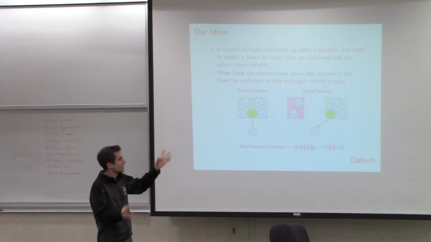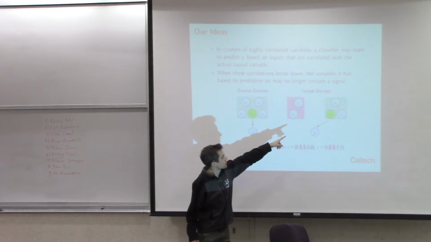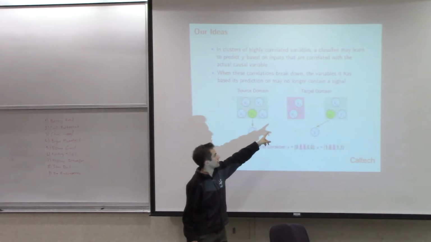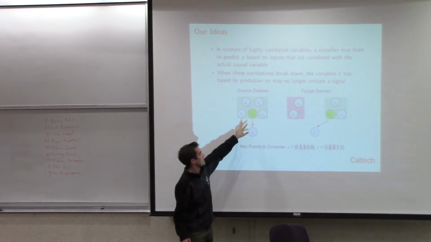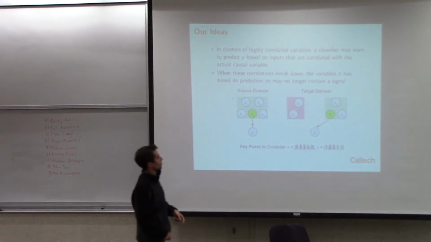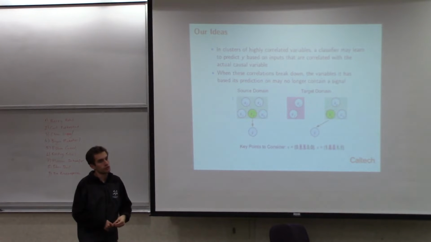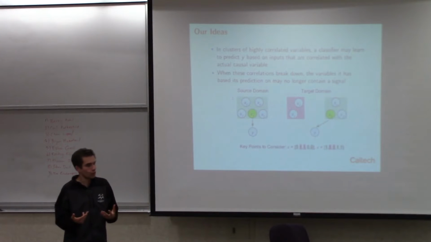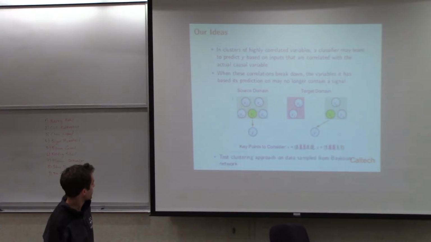Whenever a cluster breaks, all we need to know is what happens when that whole green cluster is 1 and this whole red cluster is 0, and the flipped case. Because what we've been seeing before is only these all being 1 together, these all being 0 together. So the points to consider would be 0, 1, 1, 0, 0, and 1, 0, 0, 1, 1. That's our intuition for points to choose when adapting our model.